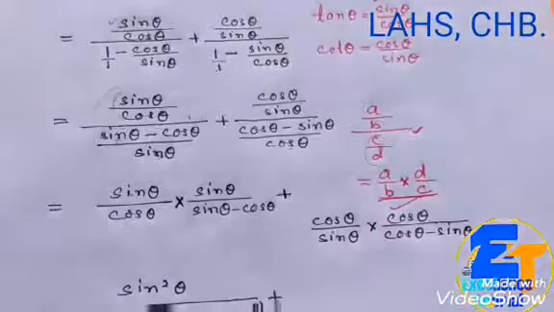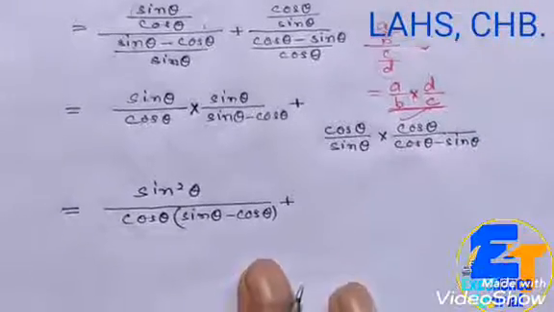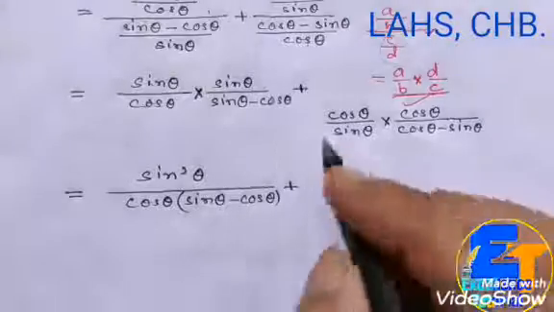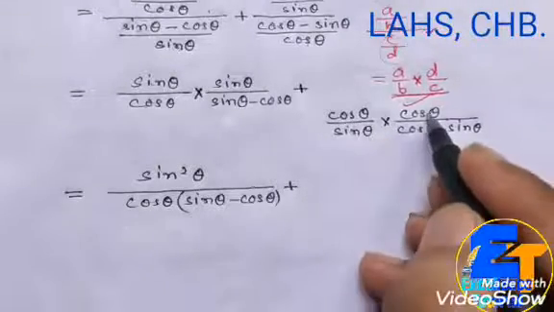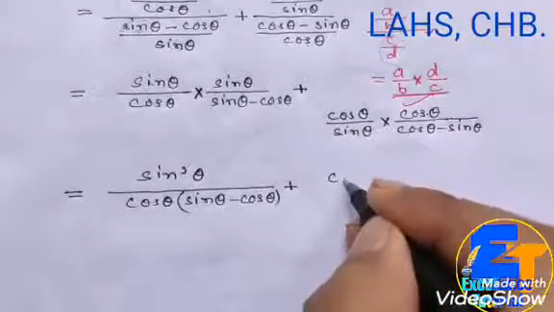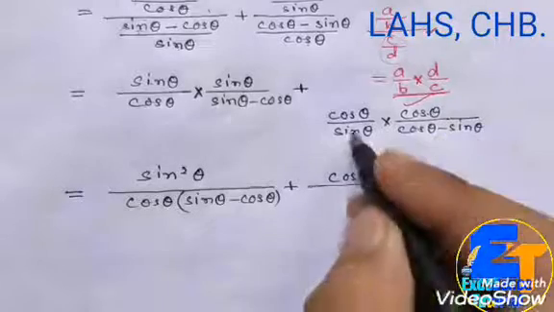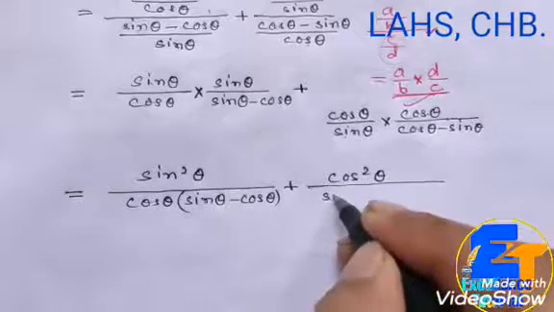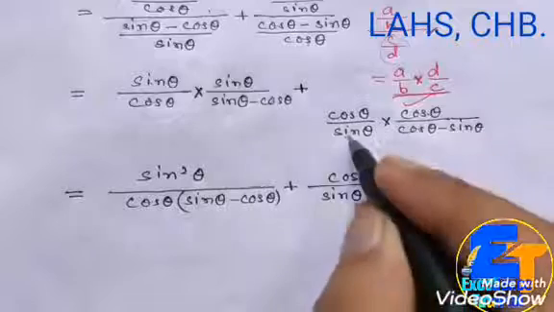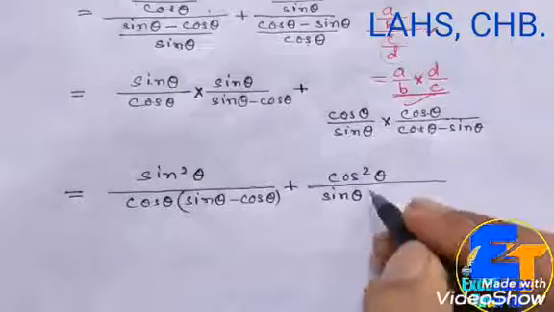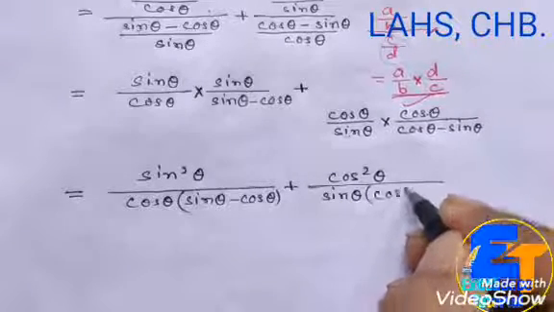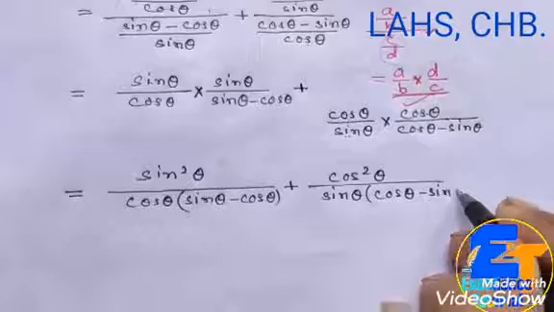See, plus sign is here. Now see, cos into cos, it will become cos square theta by this sin theta, this into this sin theta, that is cos theta minus sin theta.